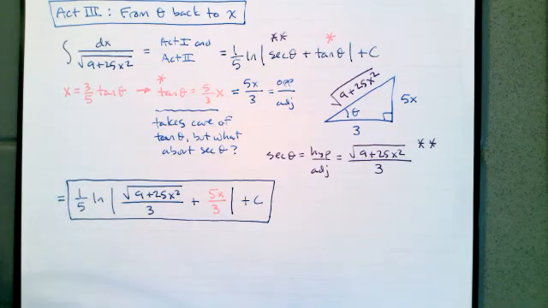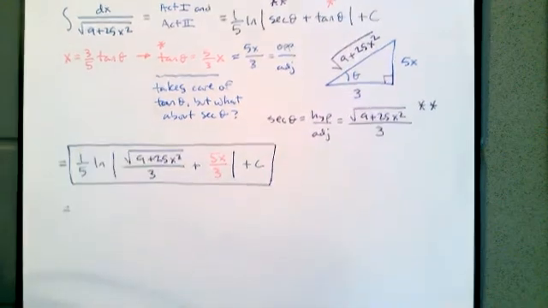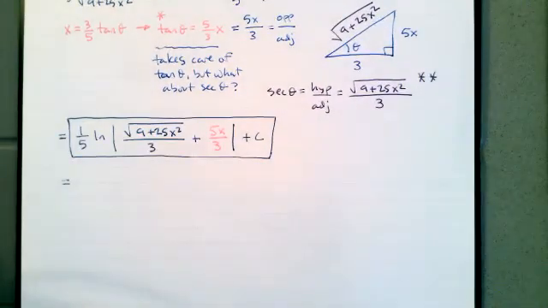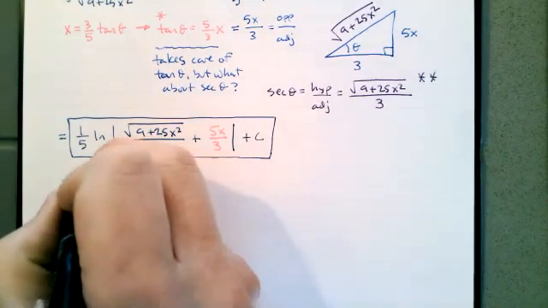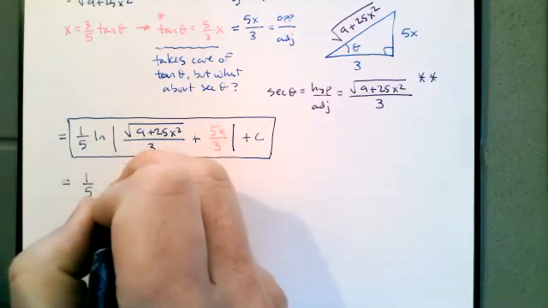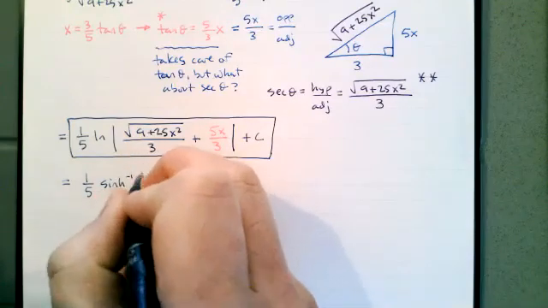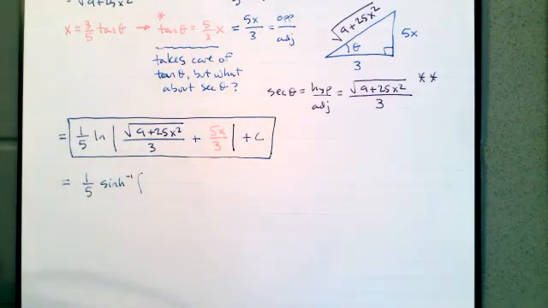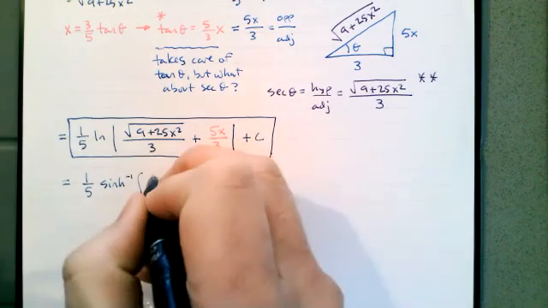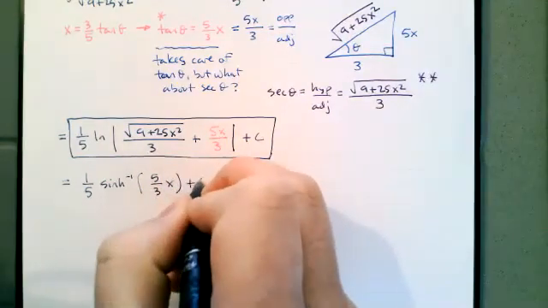So Wolfram Alpha is telling you that it is 1/5, that's the 0.2, by the way, 1/5 the inverse hyperbolic sine of 1.6 repeating, 5/3 x, plus c.